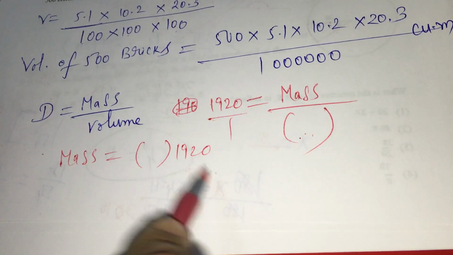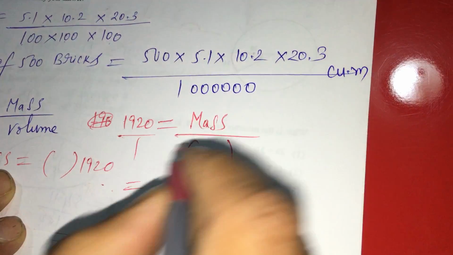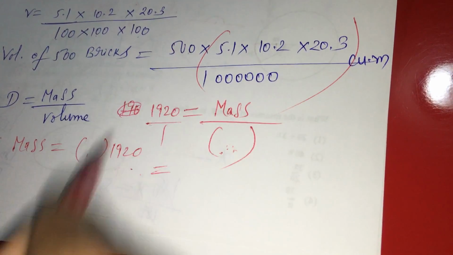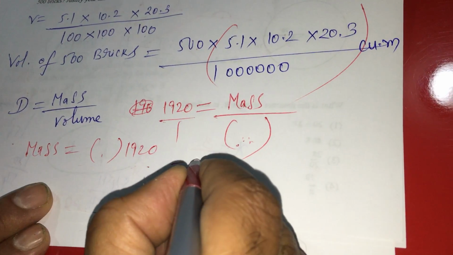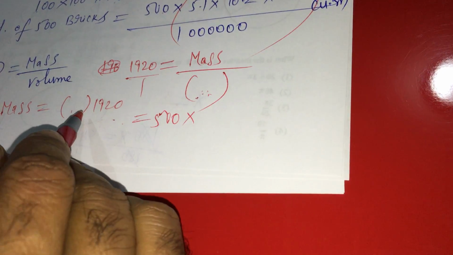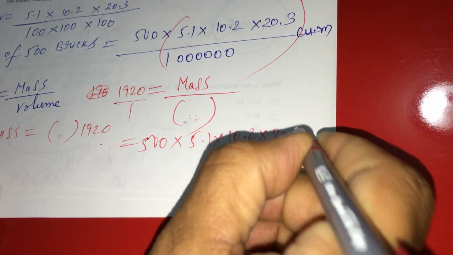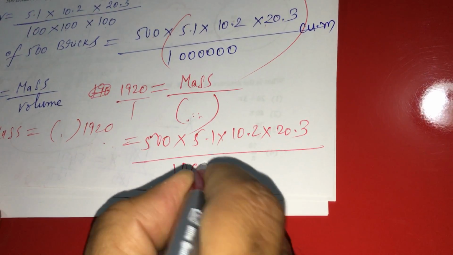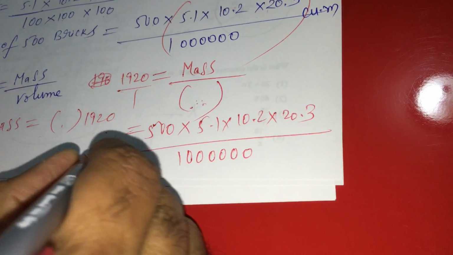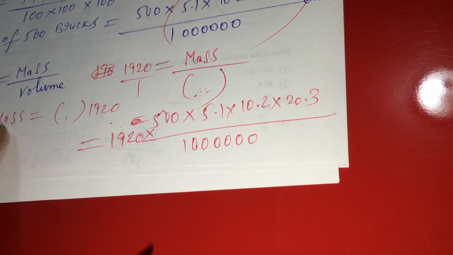That is the mass for each brick, but we have 500 bricks. Therefore the mass of the 500 bricks is 500 times this complete figure, 5.1 times 10.2 times 20.3 over 1 followed by 6 zeros. This is the volume, and this volume times 1920. So if I multiply everything, I will get the total mass.